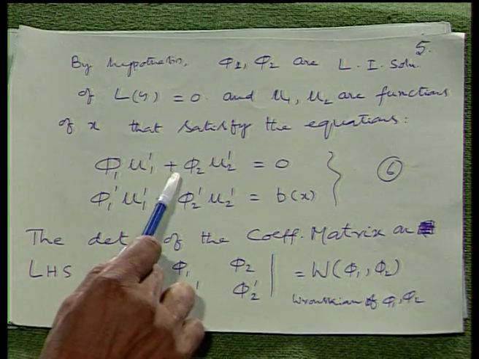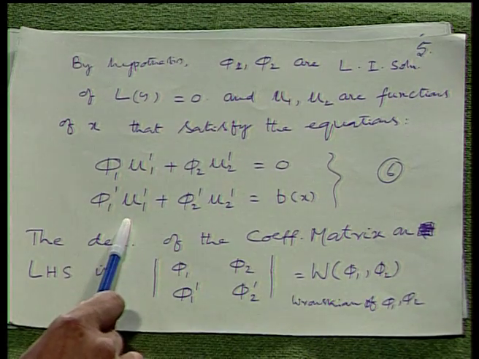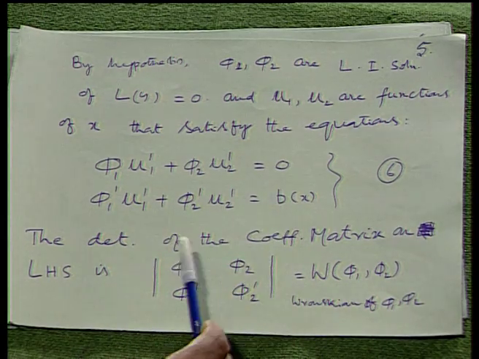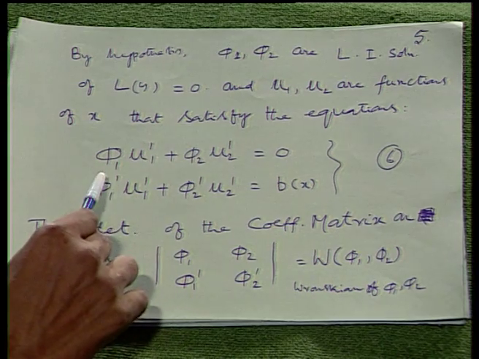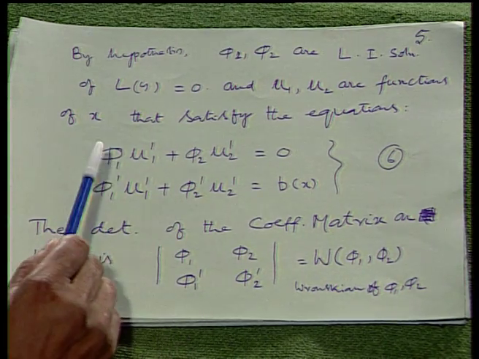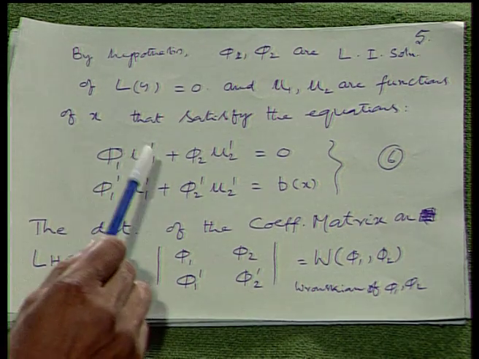phi 1 u 1 dash plus phi 2 u 2 dash equal to 0, phi 1 dash u 1 dash plus phi 2 dash u 2 dash is equal to b(x). Here the given differential equation is a second order differential equation, and phi 1, phi 2 are two linearly independent solutions.